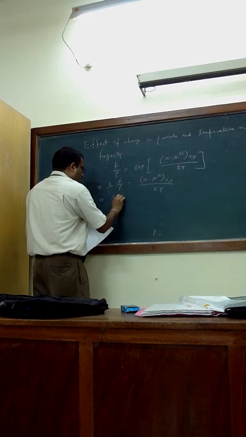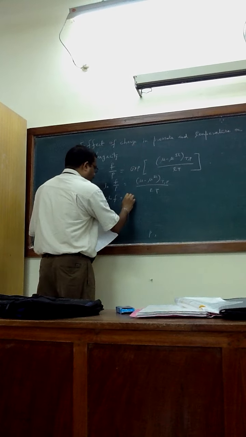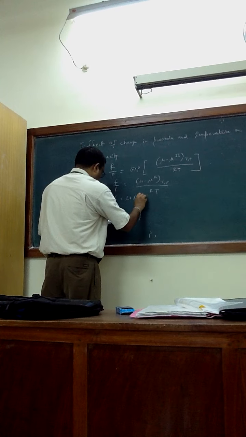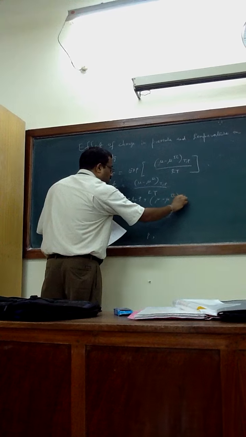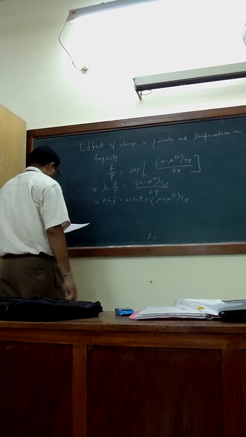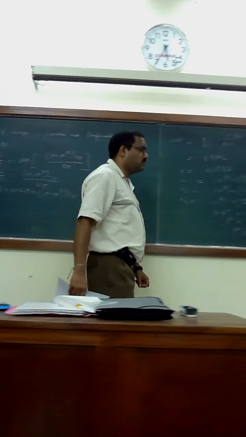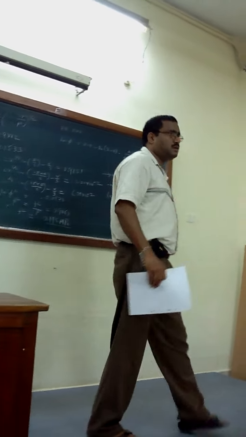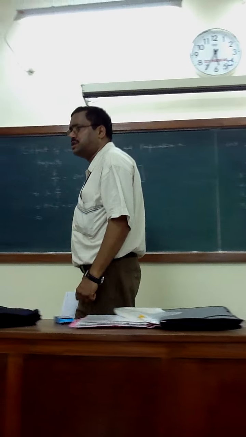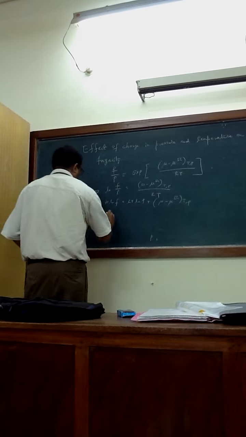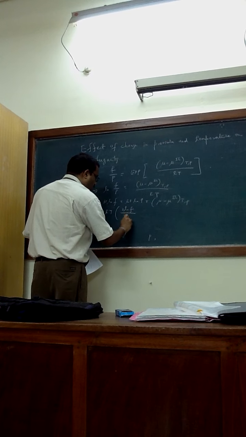You have ln F, so you can write RT ln F equals RT ln P plus mu minus mu Ig. Now we have the effect of pressure at constant temperature, right? That means RT dou ln F by dou P at constant T.